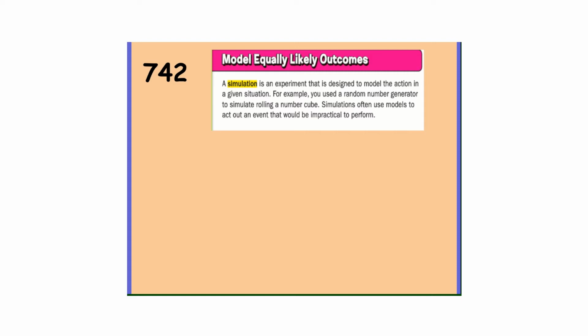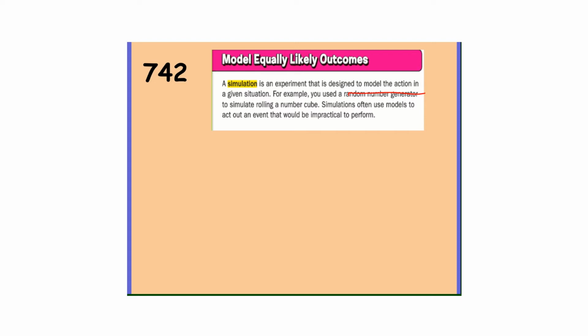A simulation is an experiment that is designed to model the action in a given situation. So for example, you use a random number. We're not doing that. We're not going to use that part. Simulations often use models to act out an event that would be impractical to perform.